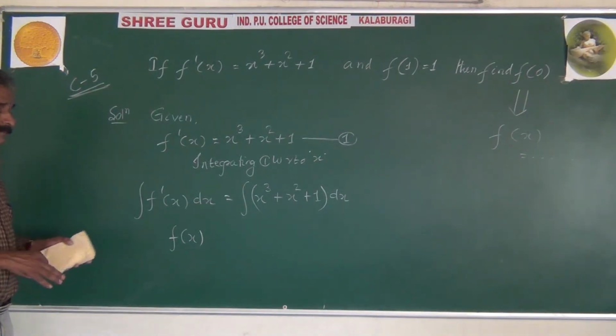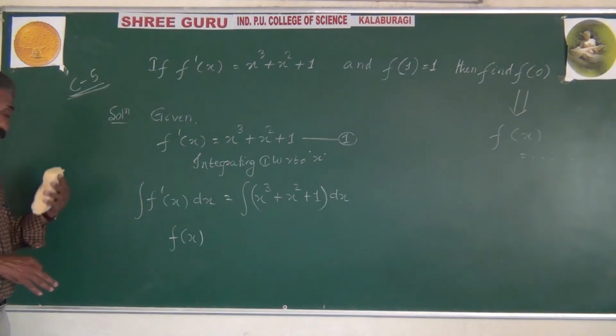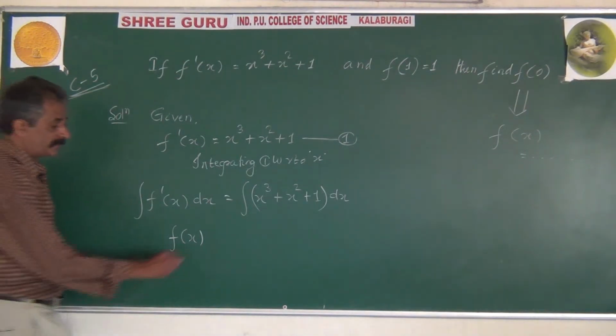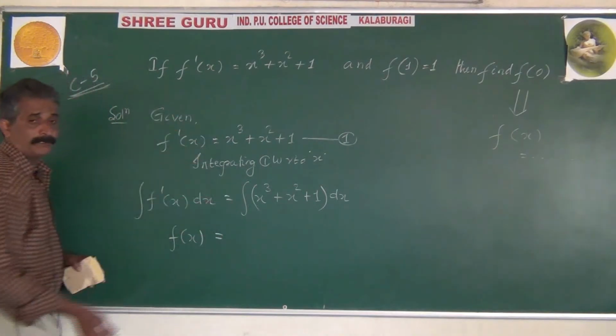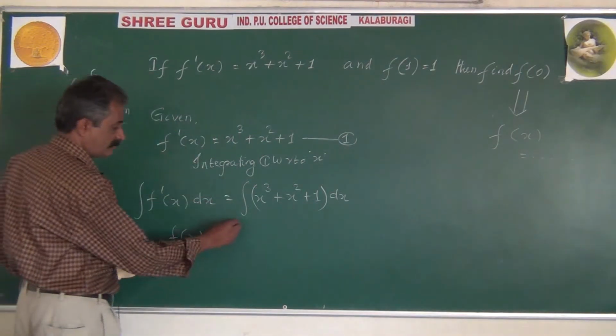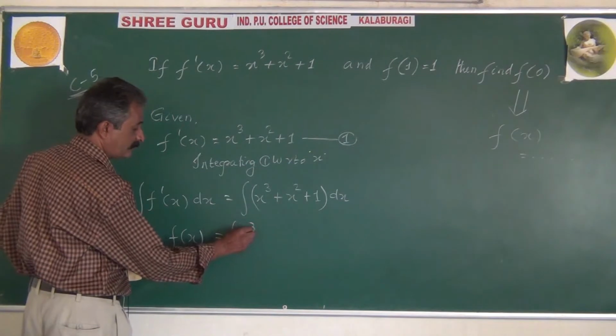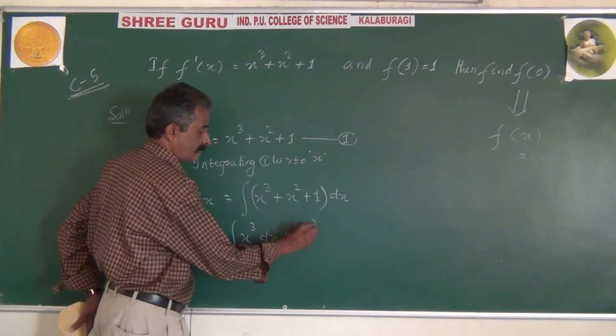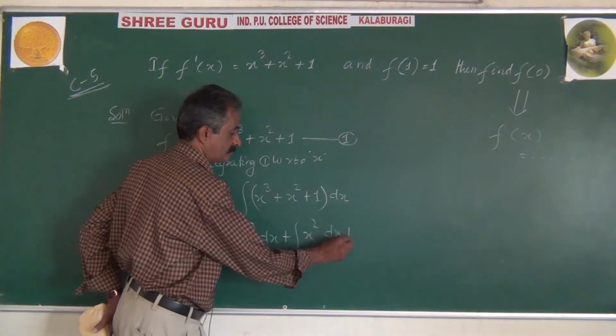As if we can think they cancel one another, but it is not actual cancellation. On the right hand side, we have to split the integration. First one, integration of x cubed plus integration of x square plus integration of 1 dx.